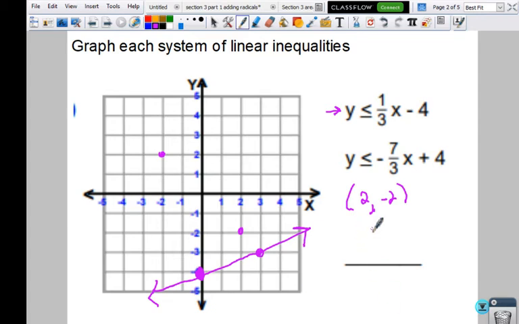Alright, so we're going to plug in 2 for x, -2 for y into our first equation up here. So -2 less than or equal to 1 over 3 times 2 minus 4. And we're going to have to plug in this right side into Desmos. So Dylan, since you got Desmos right there, plug that in for us, please. 1 over 3. 1 divided by 3.